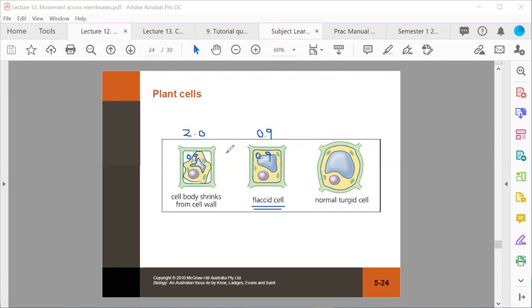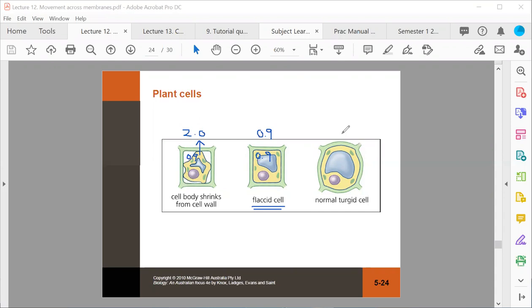That's right, it moves from the inside of the cell out into the solution. So the plasma membrane itself is shrinking away from the external cell wall, which maintains its shape.